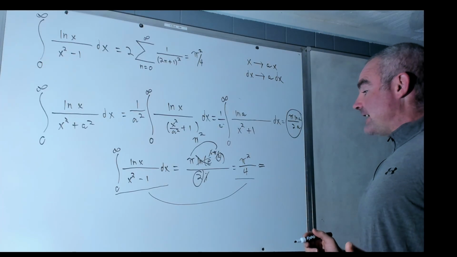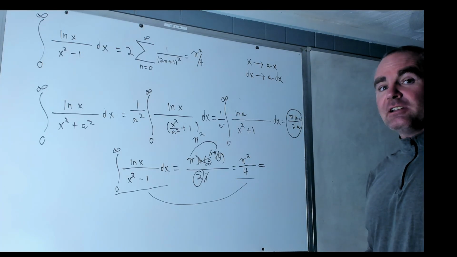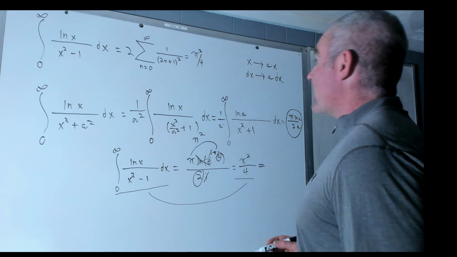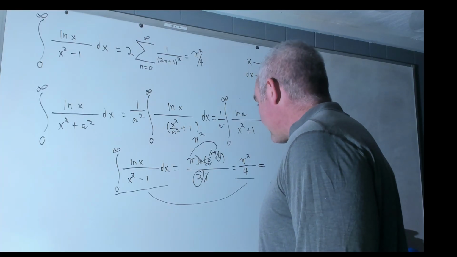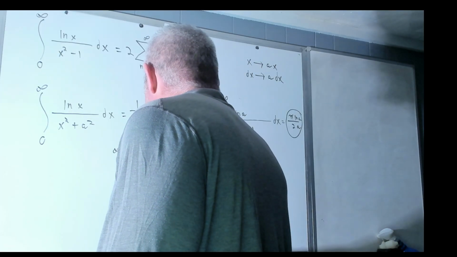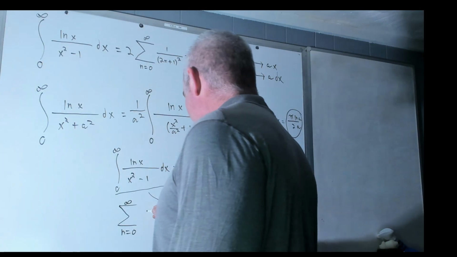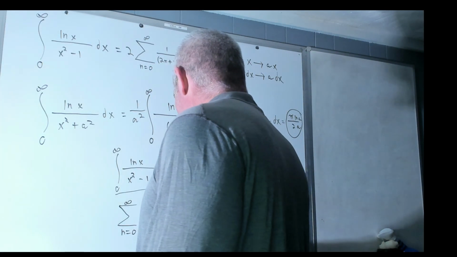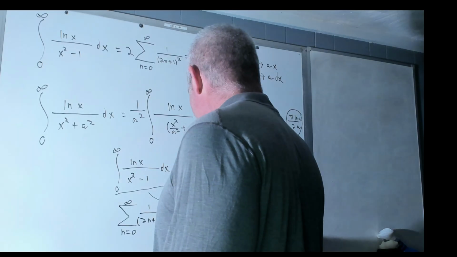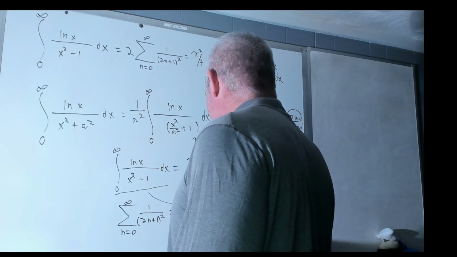So we finally have the result, the value of the sum of the reciprocals of the odd squares being pi squared over 8. I'm just going to write that down to finish off this problem. We have that the sum, as n goes from 0 to infinity, of 1 over (2n plus 1) all squared is equal to pi squared over 8.